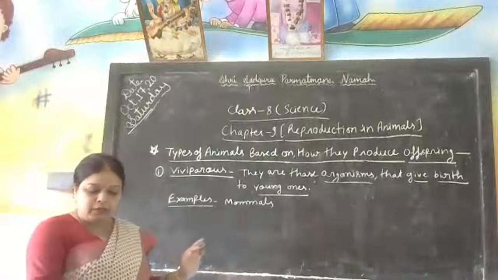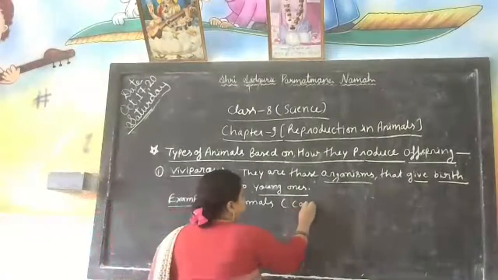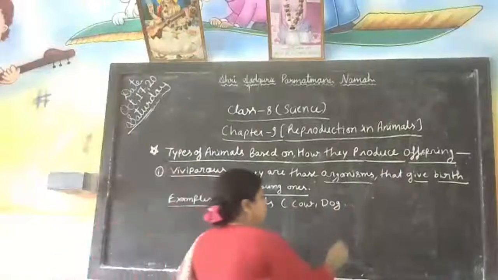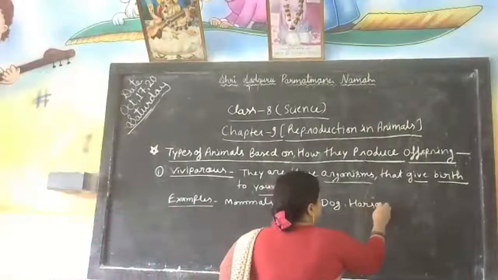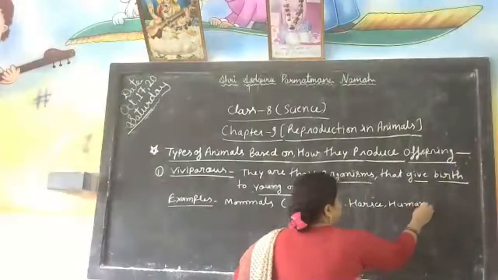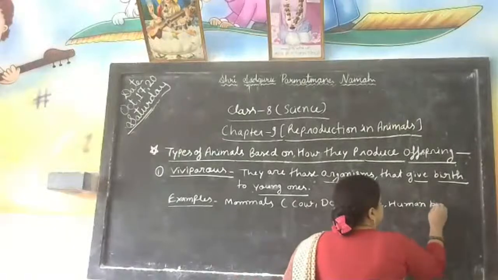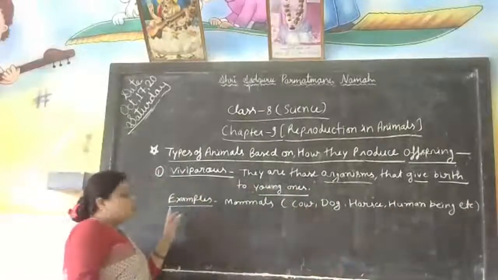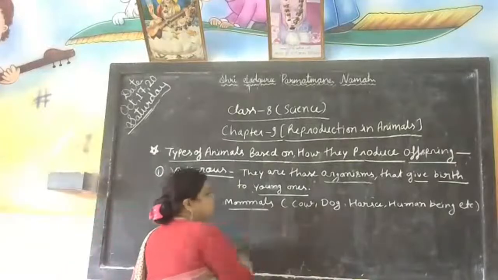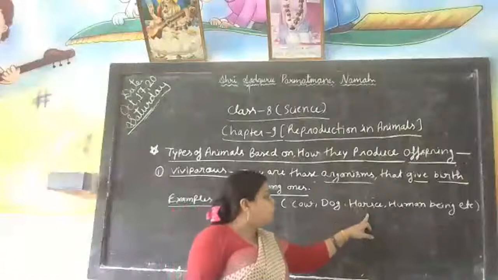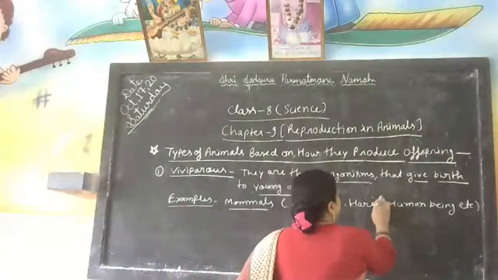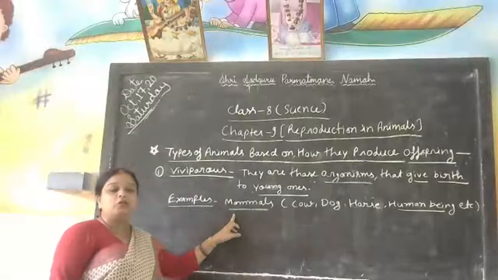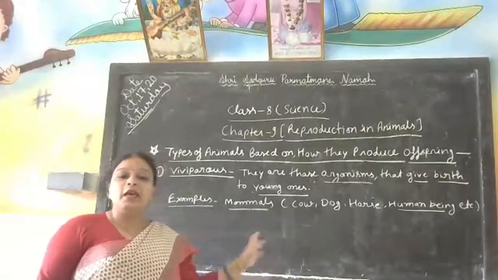In case of mammals, as cow, dog, horse, human being, also including human beings, because in case of mammals they have a character, that is they have mammary glands.